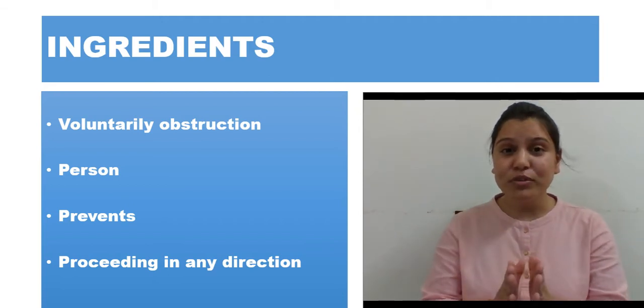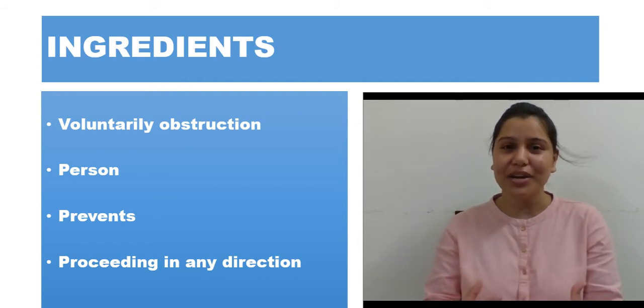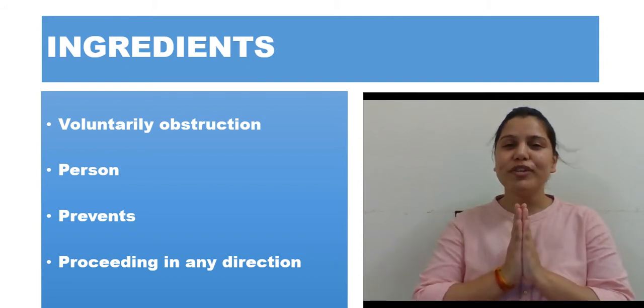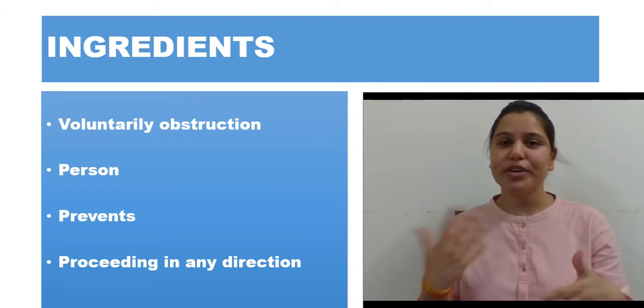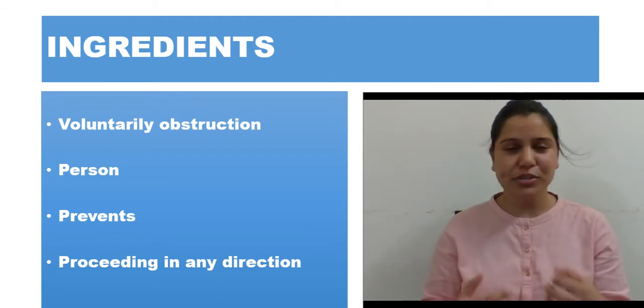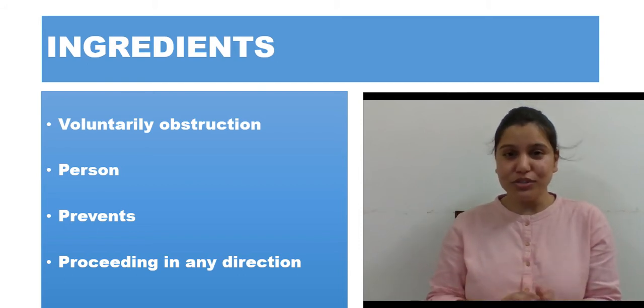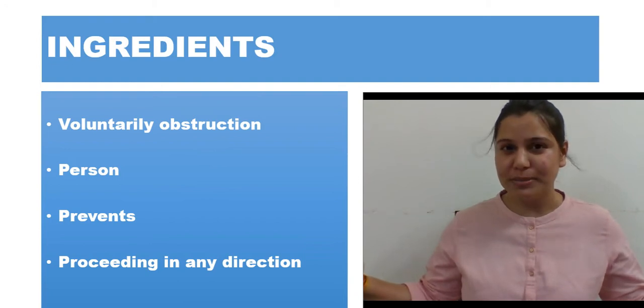Before moving on, let's take a very simple example to make you understand what restraint is. Say you are just moving on a road, and somebody suddenly comes and stops you like this. You cannot go beyond this limit.